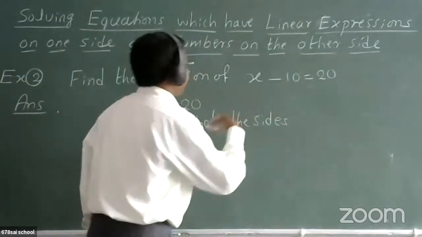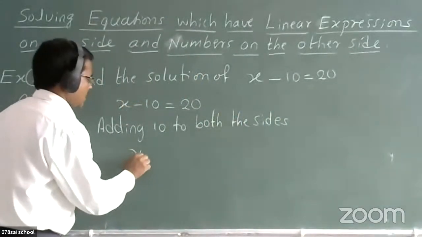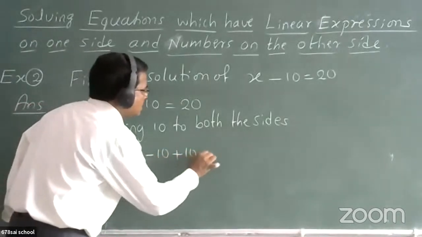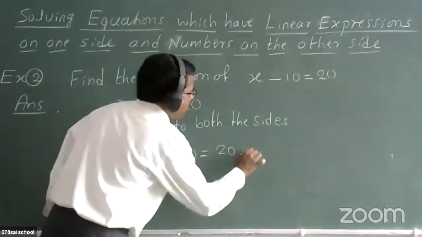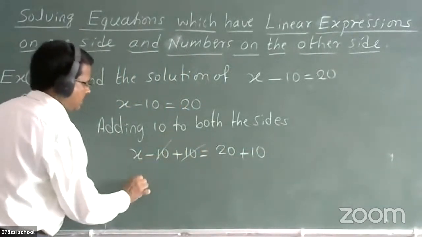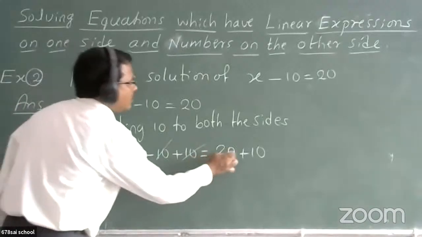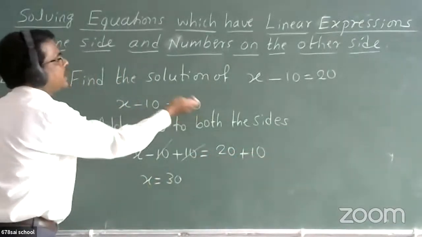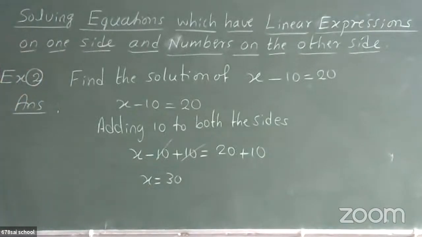If I add 10 to both the sides, what happens now? x minus 10 is that, and this term also I am adding 10. Minus 10 plus 10 cancel. x equal to 20 plus 10, 30. 30 minus 10 is 20. Right.